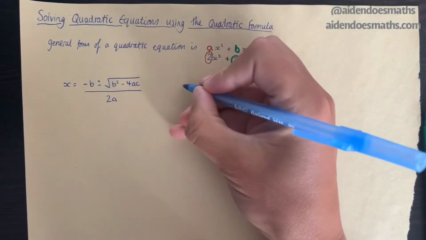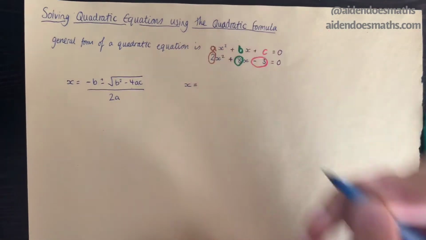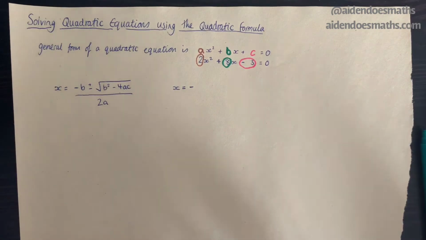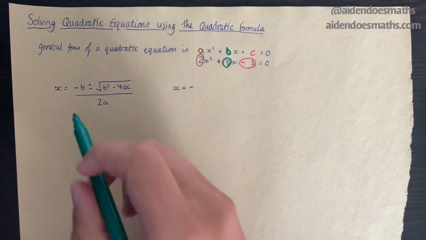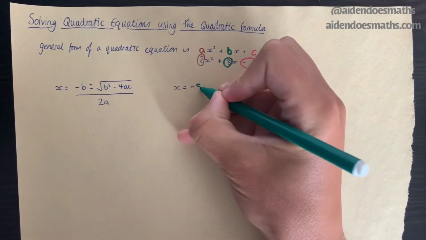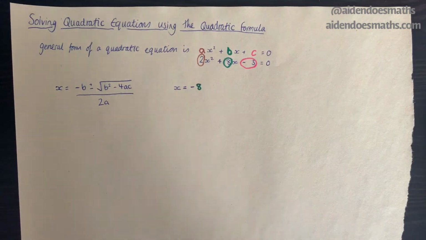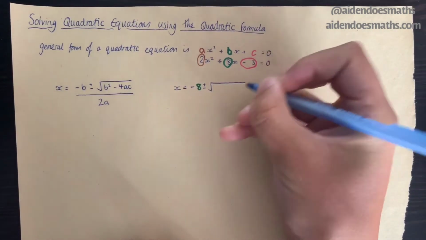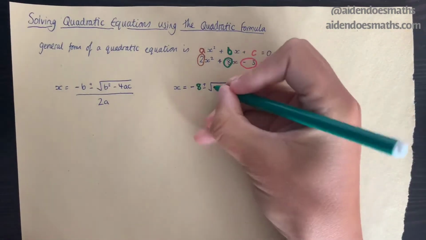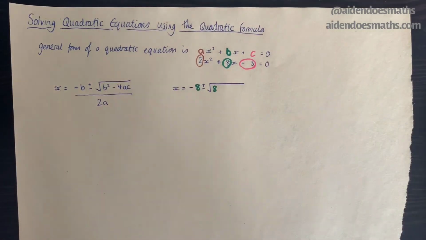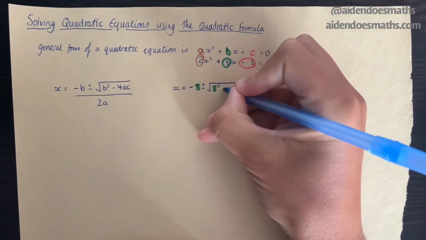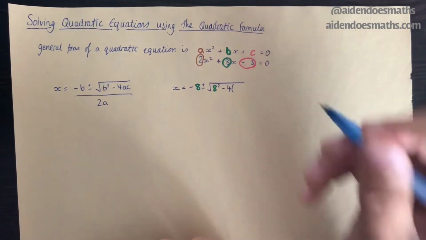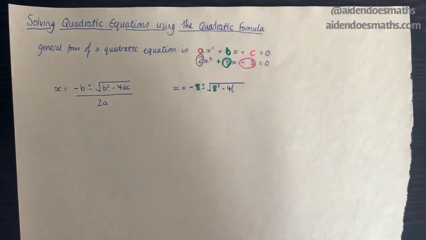So let's rewrite this again, and we're going to do the substitution this time. Let's use our colours as well, so we can see what numbers are going where. So b was our green, that was an 8, so minus 8, plus or minus the square root of, again, b was 8, so 8 squared minus 4 lots of, and I'm going to just use brackets here to make it really clear that we substituted these in.